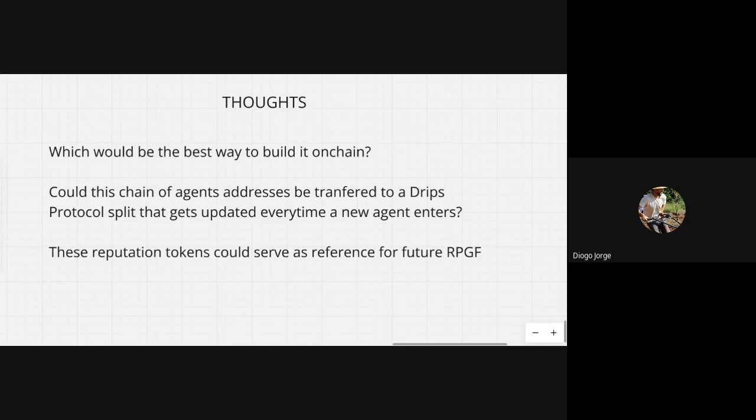So if he donates bananas to a new person, we can add that person to the drips list, and it was divided by 3, now it's divided by 4. We can manually do that, but maybe we could automate that too. And then these tokens could generate a rank, a leaderboard, and serve as reference for future RPGFs.